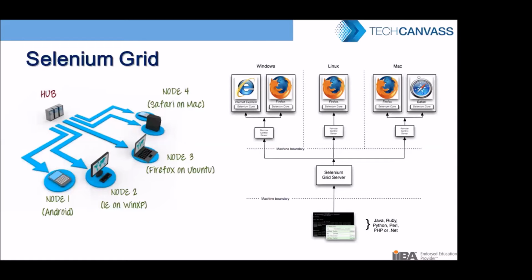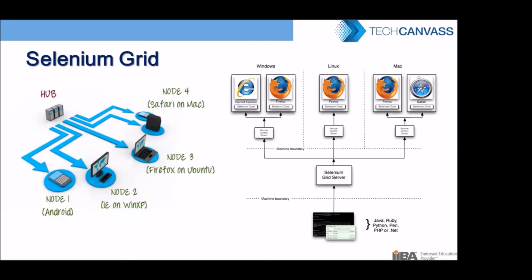Now suppose we have 1,000 cases and we want to run them on only one browser and one operating system, that is Windows. How should we go ahead with this? We can bifurcate the tests.